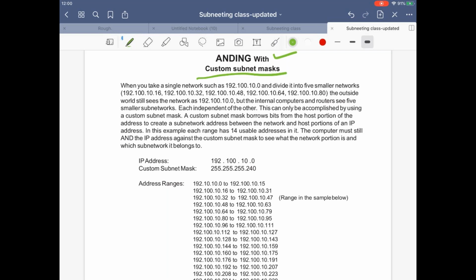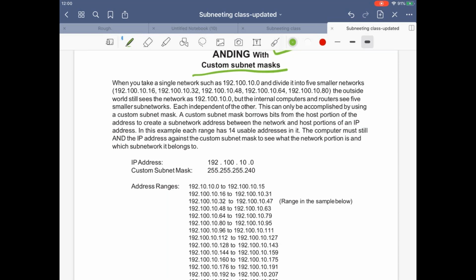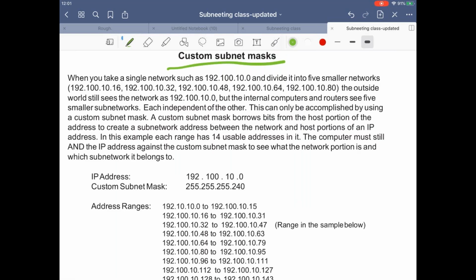When you take a single network such as 192.100.10.0 and divide it into 5 smaller networks, 192.100.10.16, .32, .48, .64, .80, the outside world will still see the network as 192.100.10.0.